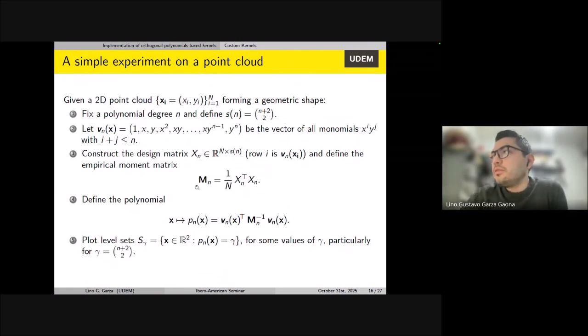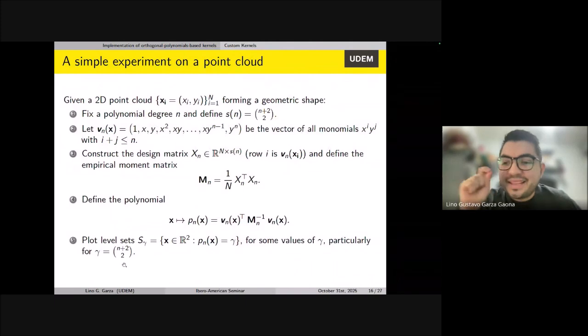You construct some matrix, the same matrix, where each row is exactly this vector of monomials, and you construct this M matrix in this way, define this mapping from X to a polynomial in this way, and they say plot the level sets this way for some values of gamma, and pay attention to this specific value.